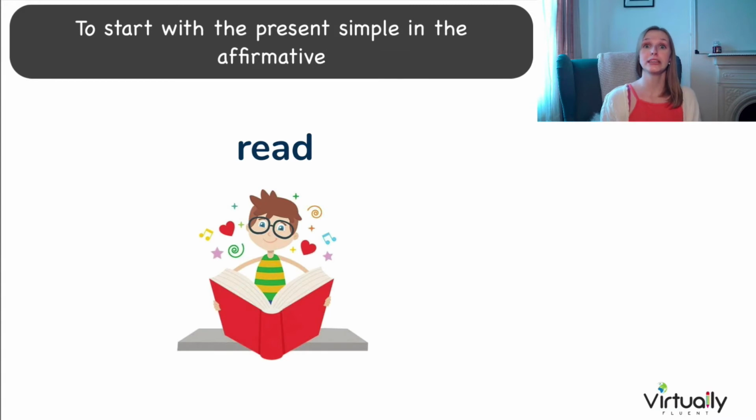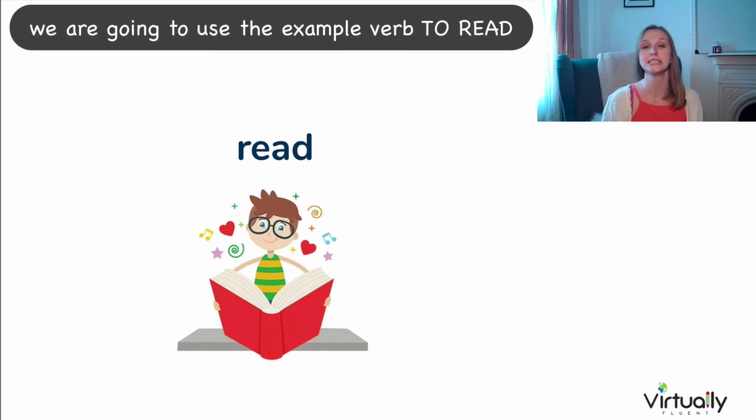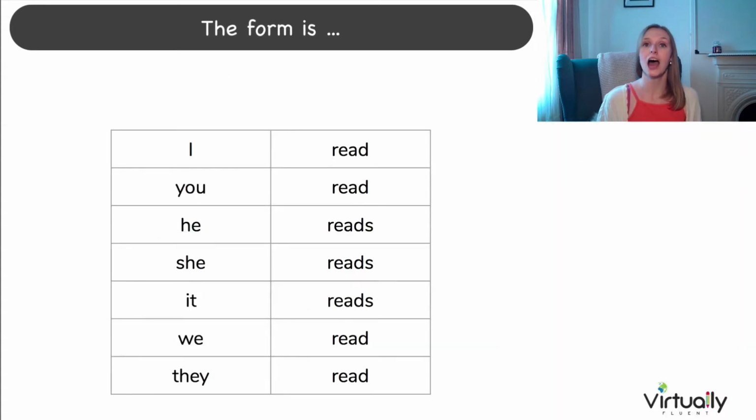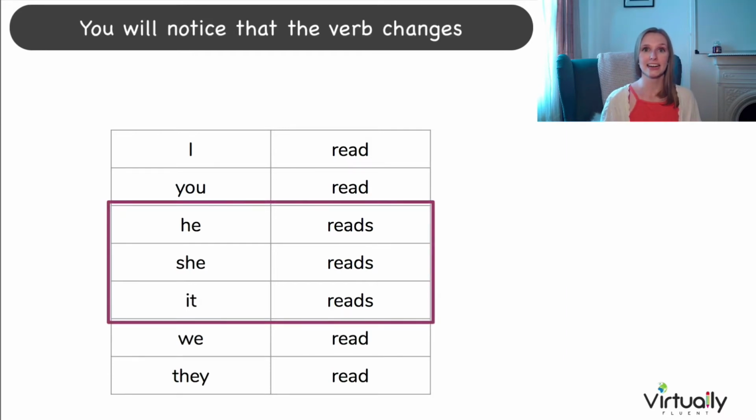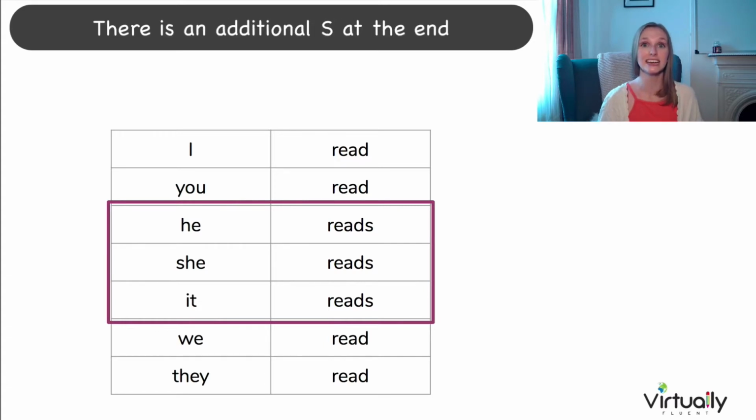To start with the present simple in the affirmative, we are going to use the example verb to read. The form is I read, you read, he reads, she reads, it reads, we read, and they read. You will notice that the verb changes with he, she, it. There is an additional S at the end.